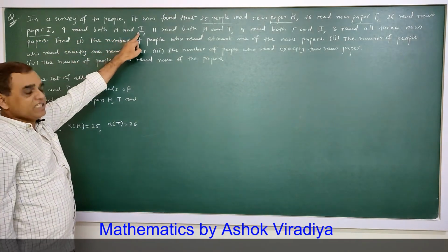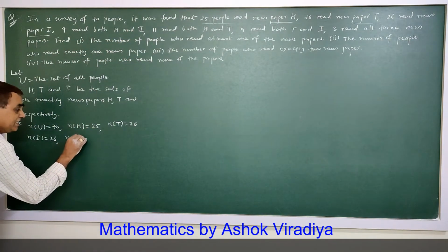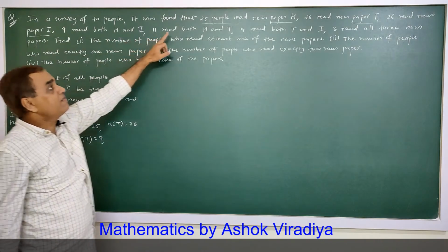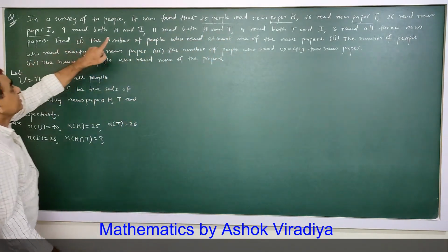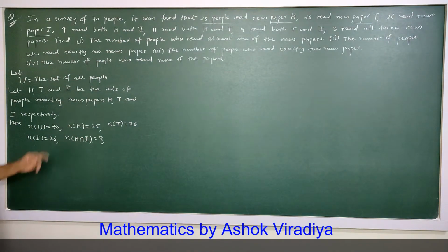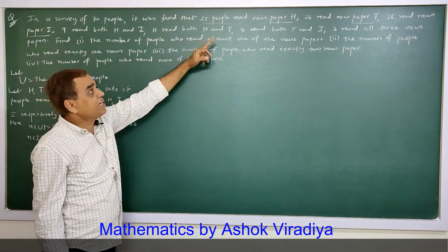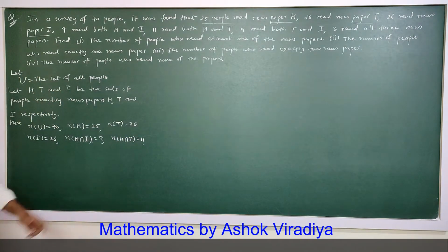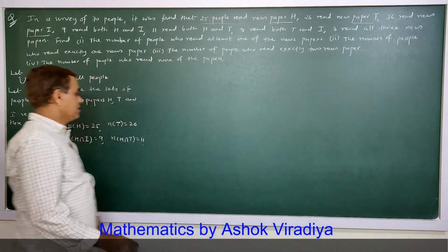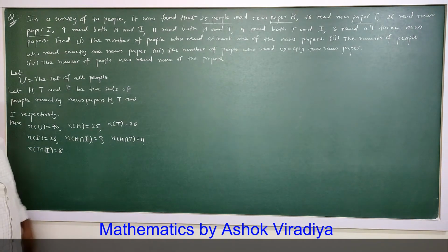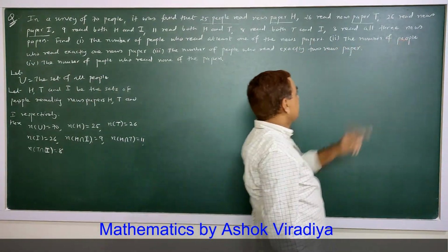9 read both H and T. H and T, that is H intersection T. In H intersection T, 9 people. 11 read H and T. Sorry, here I have written H and I. So put here H and I. H intersection I. 9 read H and I, 11 read H and T. So H and T, that is H intersection T, is 11. 8 read both T and I. So number of elements in T intersection I is 8. 3 read all 3 newspapers.